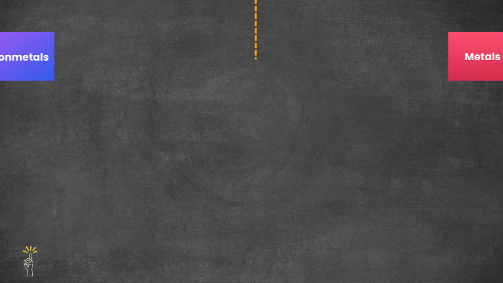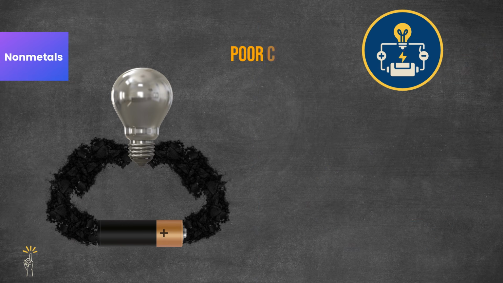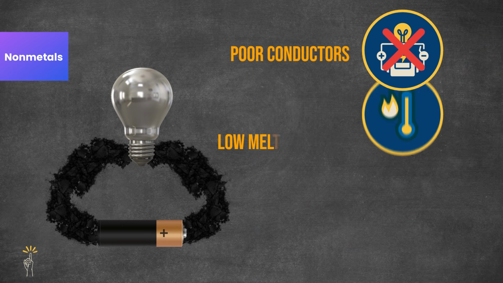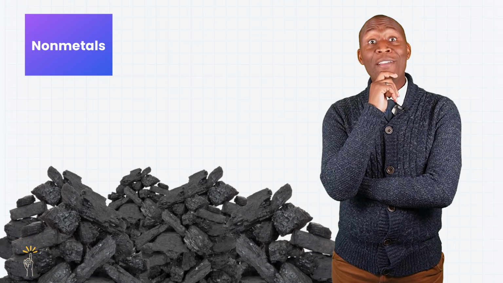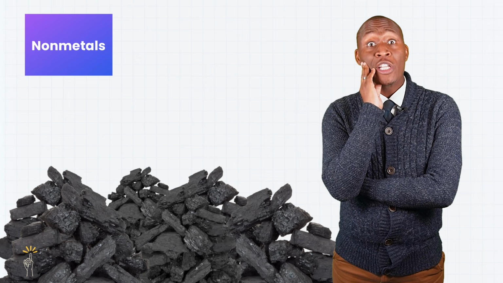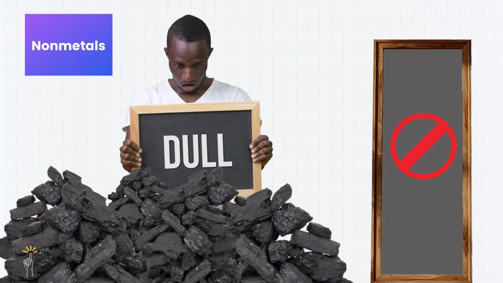Oops. Another characteristic is that they are poor conductors. They don't carry heat or electricity well. They are not fans of being warm or zappy. Another characteristic is the fact that they are dull and not shiny. You won't see your reflection in a nonmetal.